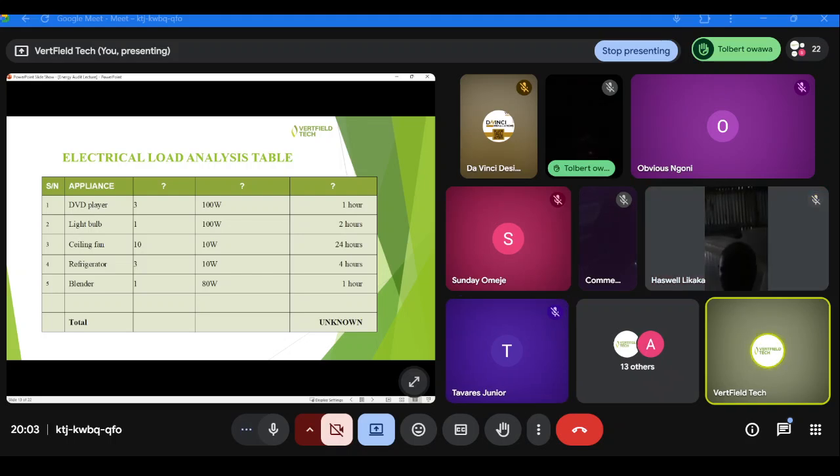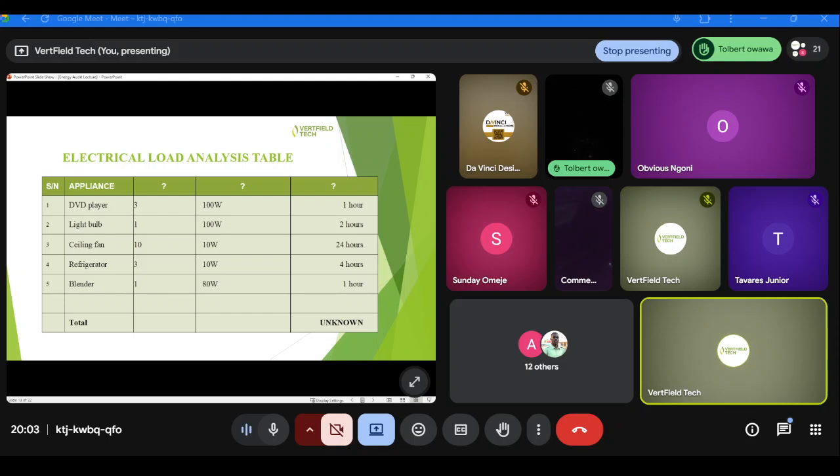This electrical load analysis table is what you are going to be using to carry out electrical load analysis on any facility and be able to know the energy being consumed by that facility.